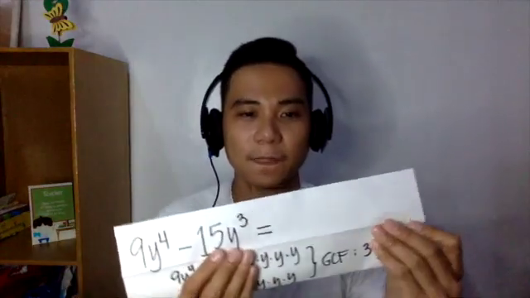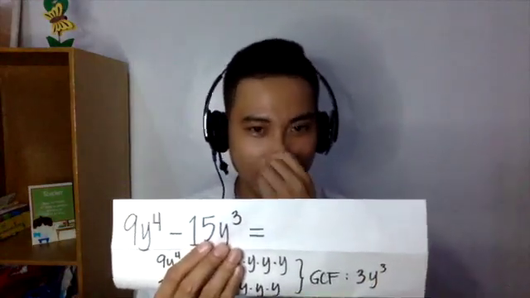It's like the one we did a while ago. First things first, let us identify the greatest common factor of the two terms. Same process as what we did a while ago. We have 9y to the fourth and minus 15y cubed.